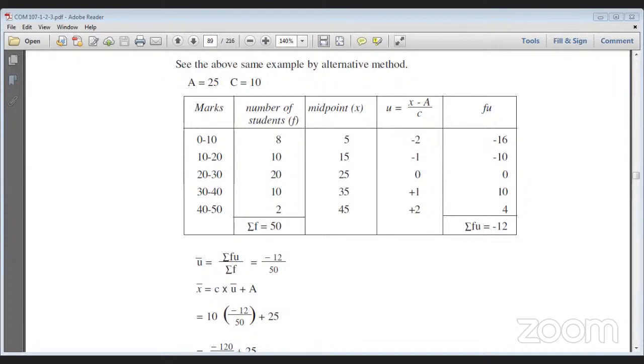So 20 plus 7.5, quartile 1 will be 27.5. In this way, quartile 2 is given there, it is 35. Quartile 3 is given here on page number 15, 40 plus (37.5 minus 35) upon 10 into 10 will be 42.5. This will be quartile 3.